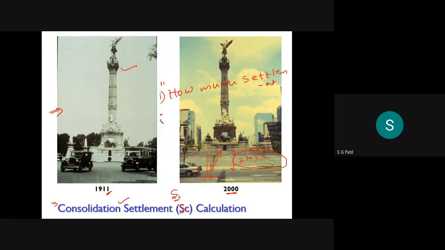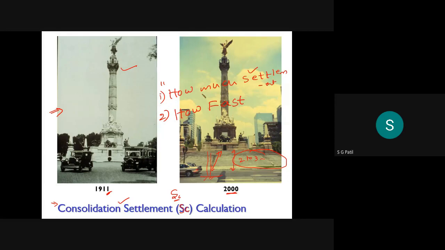And the second one is, can anybody tell me? Because I think I taught some of you in the previous semester. So how much settlement will occur and how fast this settlement will occur.